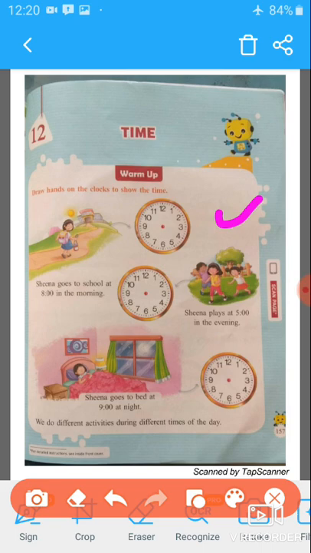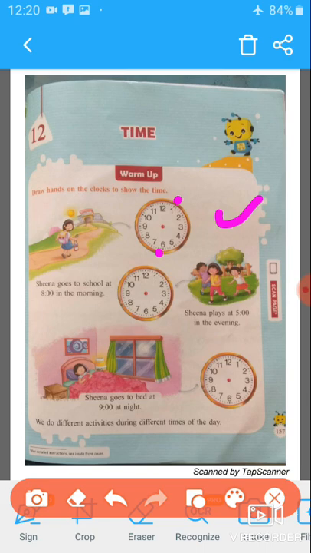Students, look here, this is the face of a clock, and numbers 1 to 12 appear on this face. Students, it has two hands just like us, but one hand is short and the other is long.